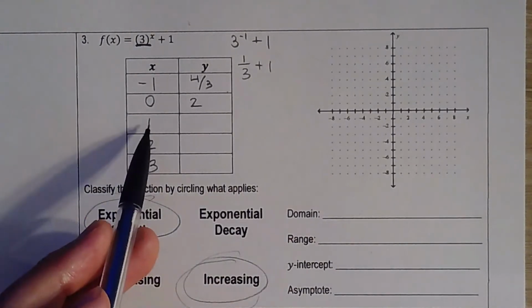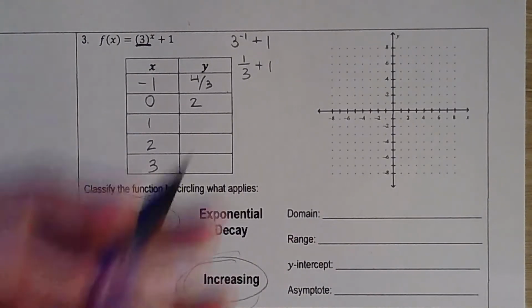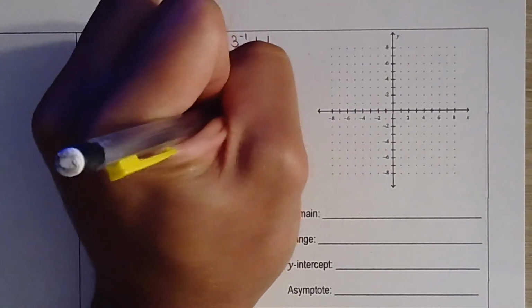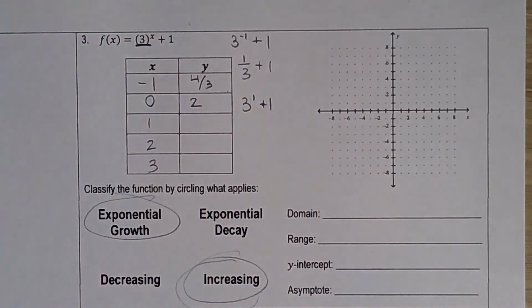All right, let me write these out so you guys aren't confused by what I'm talking about. 3 to the first power plus 1. Well, 3 to the first power is 3. And then 3 plus 1 gives us 4.